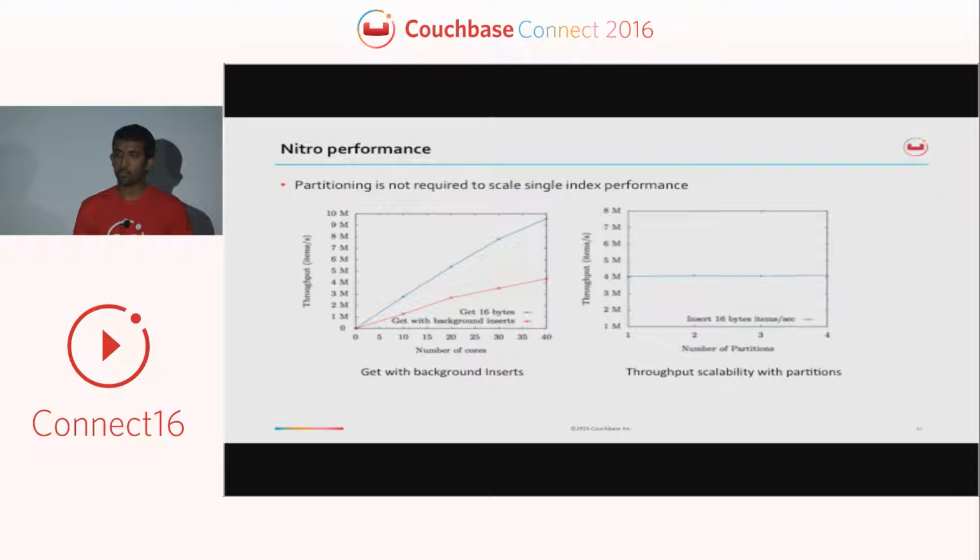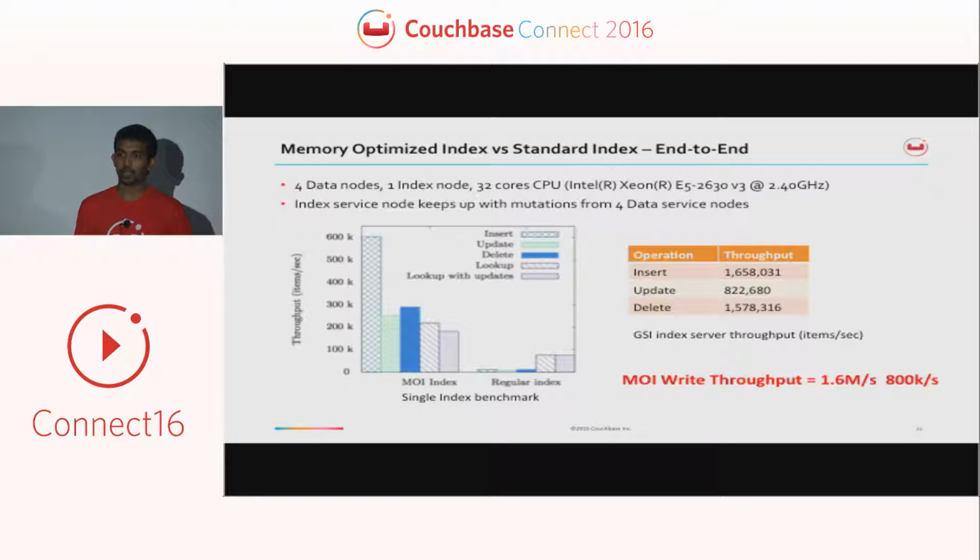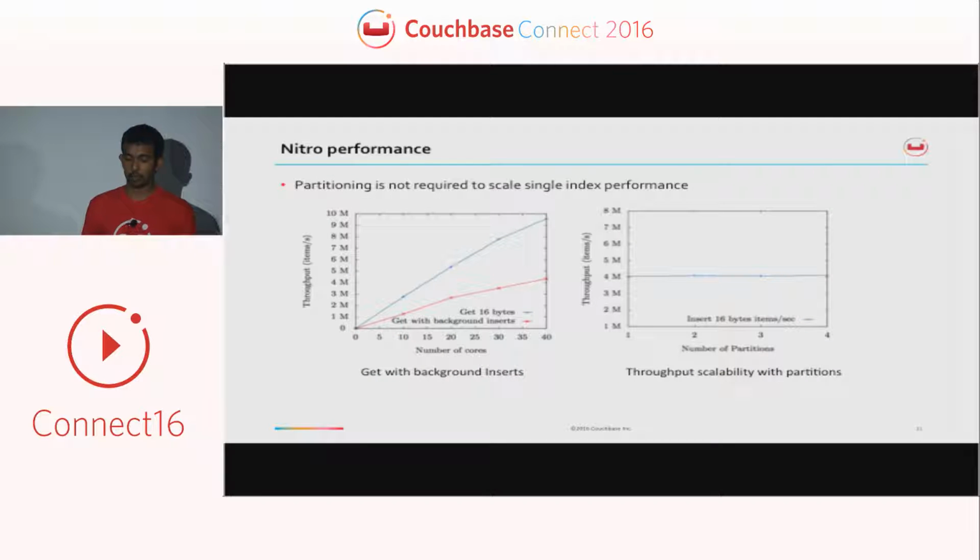You can create multiple partitions, each providing X throughput, and if you have N partitions, you can get NX throughput. But we tried this experiment with Nitro, where we created partitions up to 4 on 40 cores, and you see the same throughput. That is because you don't need any partitioning, and a single index can scale with a large number of cores.